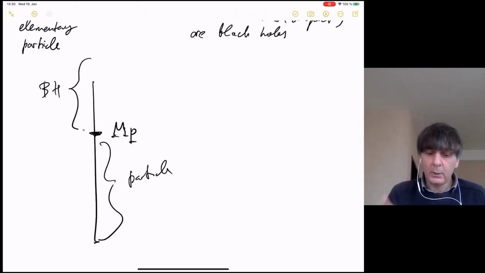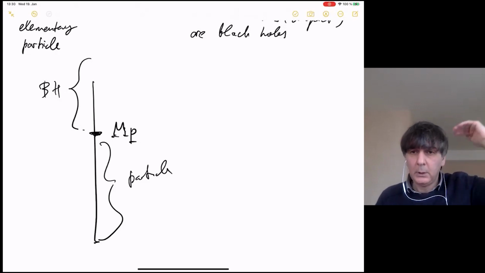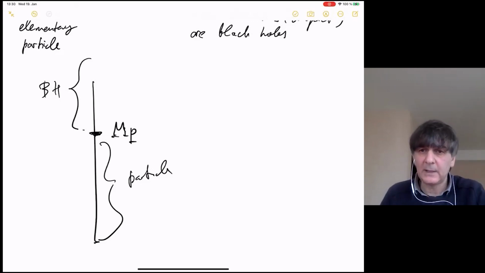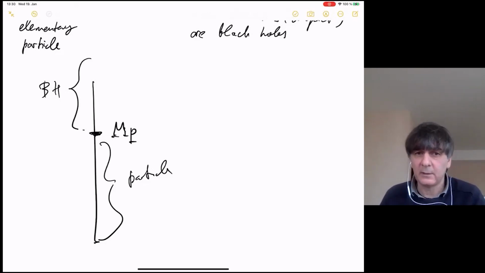Because what we are learning from here is that gravity sets an absolute cutoff on the mass of any elementary particle. This cutoff has nothing to do with perturbation theory. It's fully non-perturbative. It's independent of how we resum the series, how we compute loops, etc.